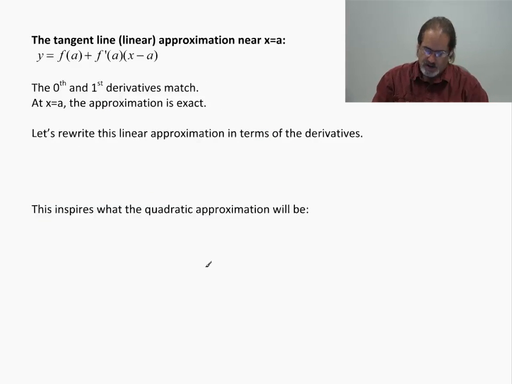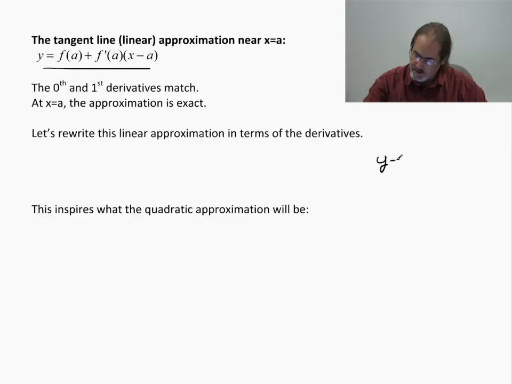Okay, so the tangent line approximation near x equals a looks like this. It is y equals f of a plus f prime of a times x minus a. And that's really, let me write it over here real quick. Remember this, y minus y1 equals m times x minus x1.